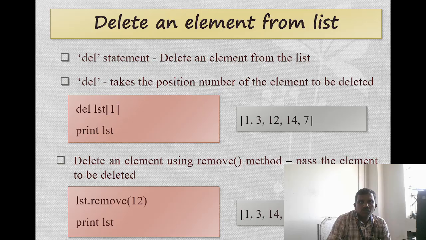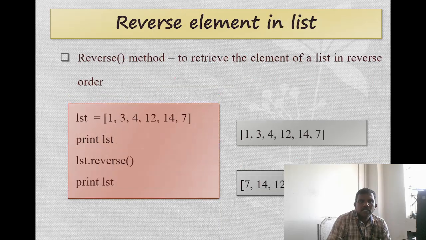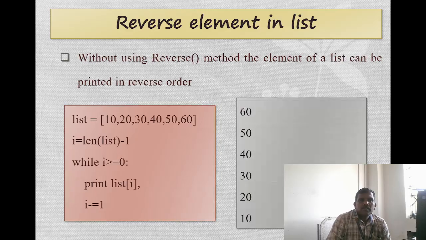We also use the reverse function, which is used to reverse the values in the elements. How can we reverse elements without using the reverse method? Using a looping function, you can easily reverse the elements.